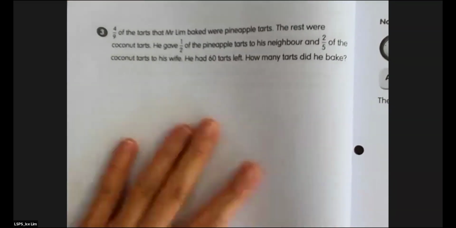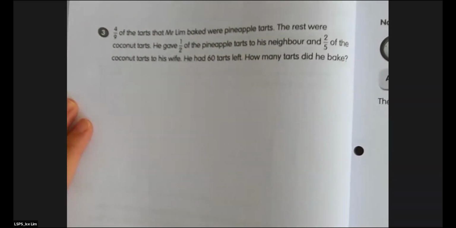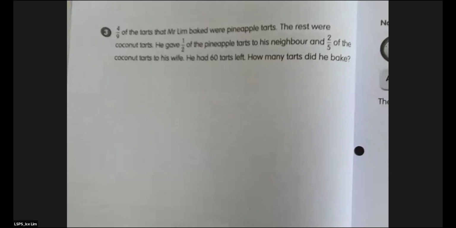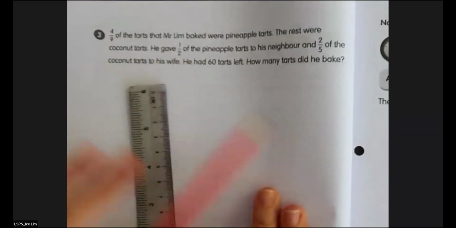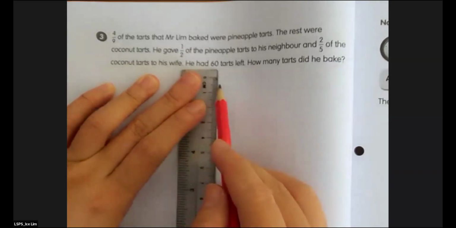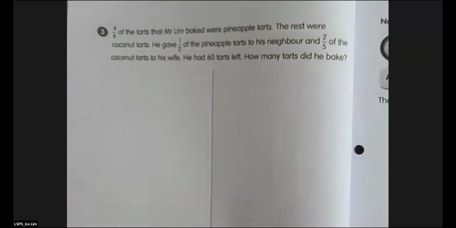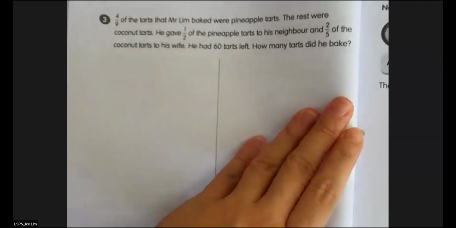I'm going to show you two ways of doing it. One is by the model method, and one is by the formula method. Some of us are better with the model method, some of us are better with the formula method. So I'm going to cut this space into two. One method on this side, one method on the other side.